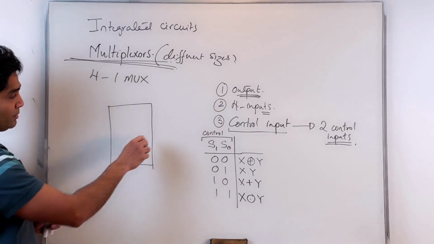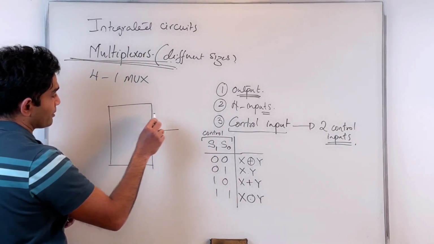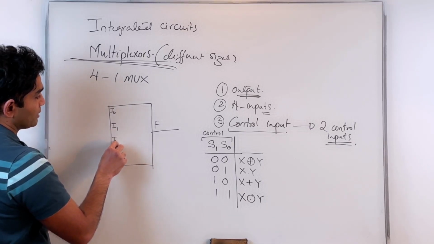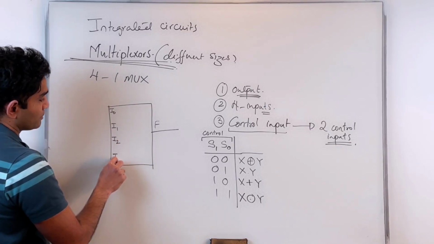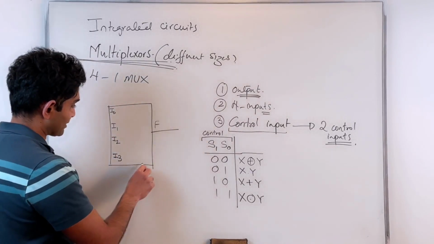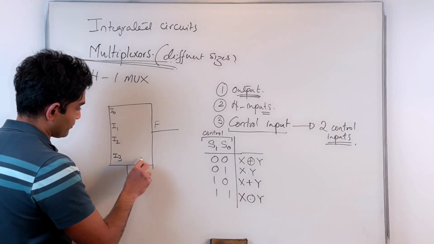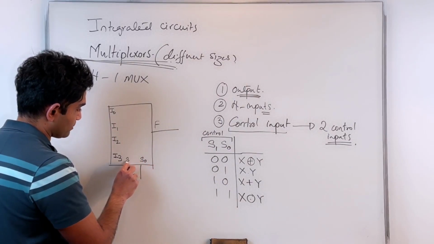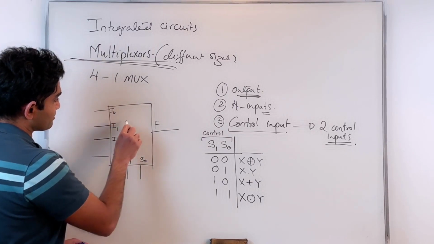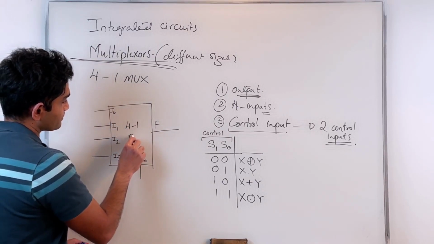That means you have one output F. Let me call the inputs I0, I1, I2, I3, and then two selector inputs, selector pins, S0, S1. Okay. Now this is a 4-to-1 mux.